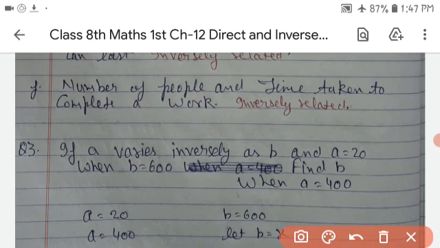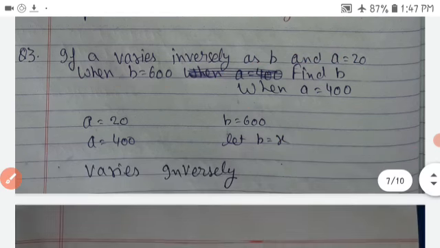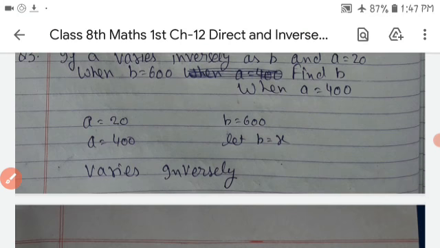Now the next question. A varies inversely as B. The value of A is 20 when B is 600. Find B when A is 400.